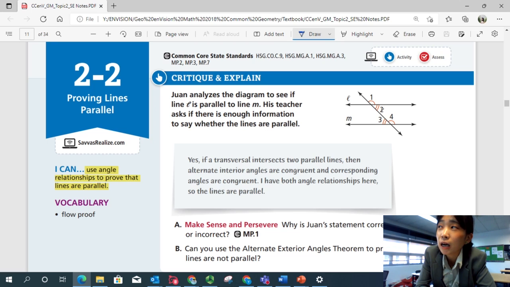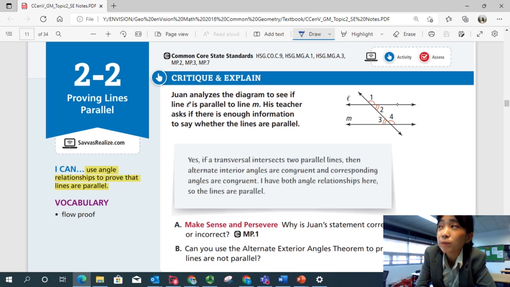In order for the alternate interior angles to be congruent, you need to have parallel lines, right? And a transversal that goes through those two parallel lines. And angles 1 and 4, what is the relationship between those two angles? They are corresponding angles.